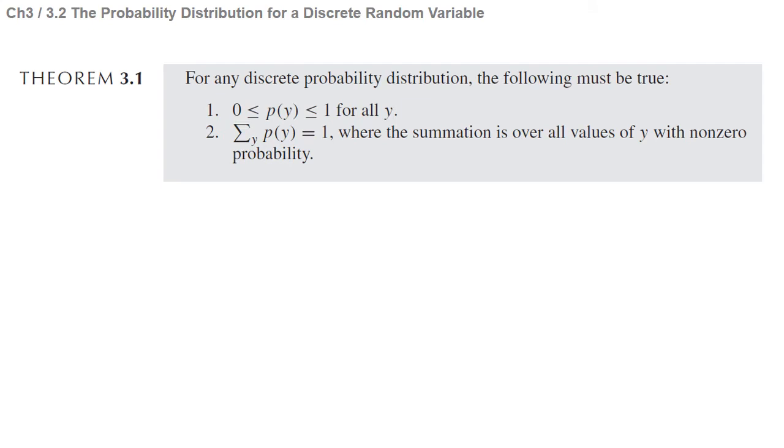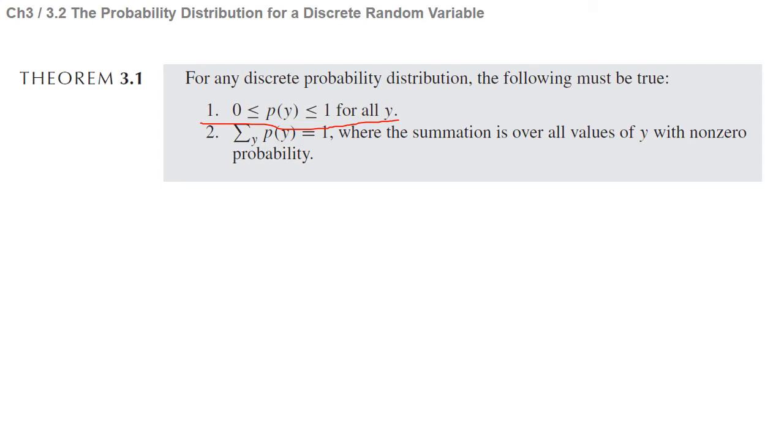Okay, here is theorem 3.1. For any discrete probability distribution, the following must be true. The first one is that the probability of Y is greater than or equal to 0 and less than or equal to 1 for all Y, and the sum of the probabilities over all Y equals 1, where the summation is over all values of Y with non-zero probabilities.